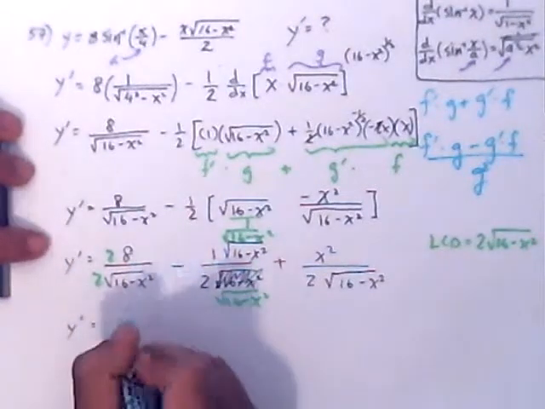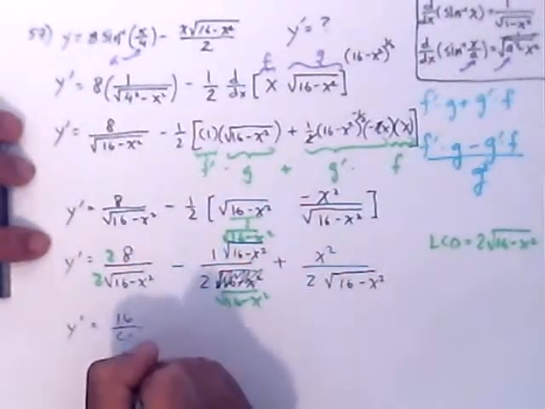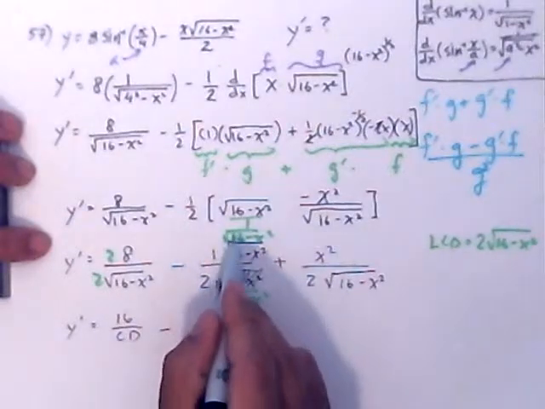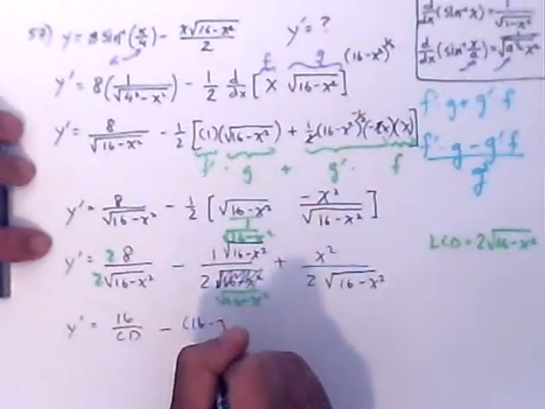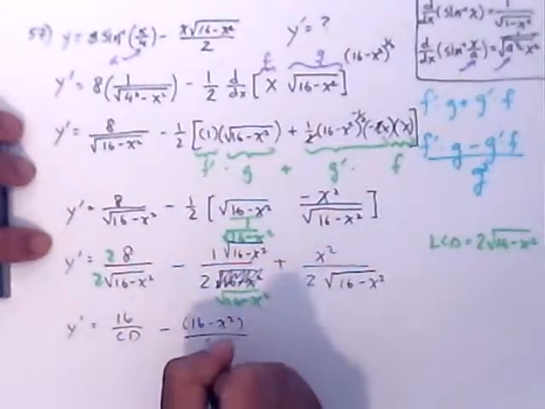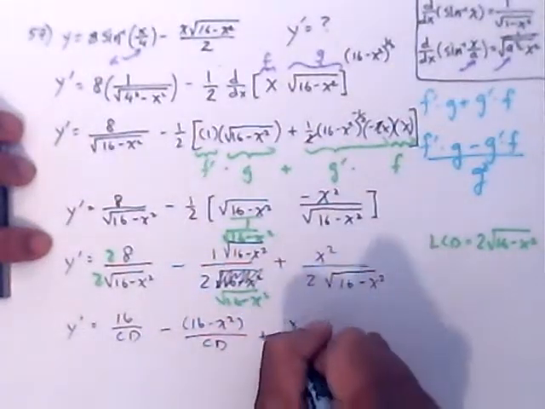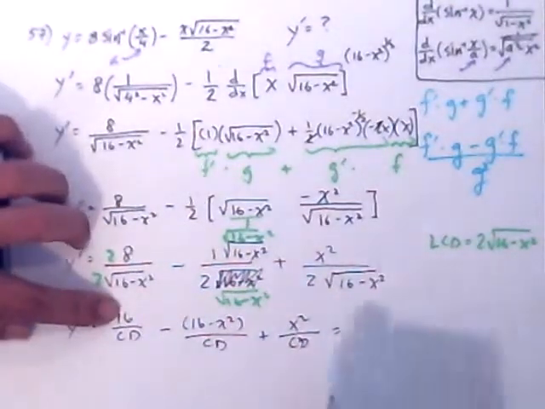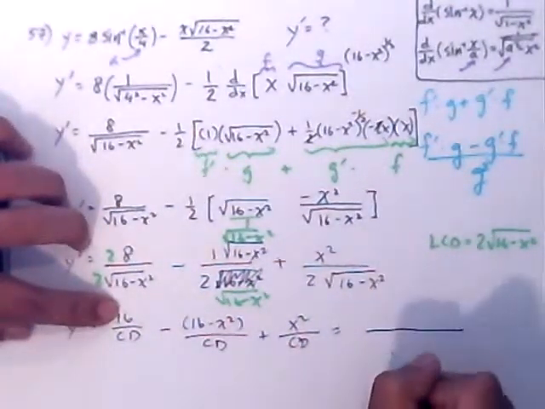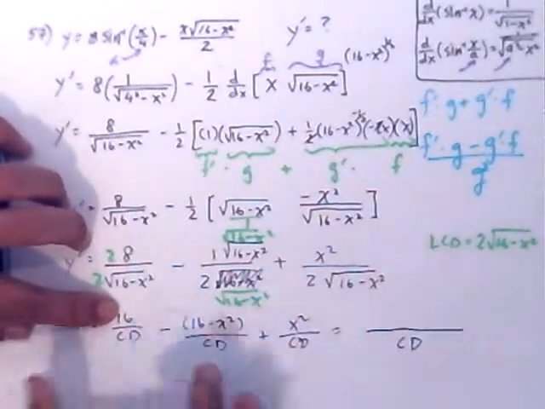Y prime is equal to 16 over the common denominator minus this times itself, which is going to be 16 minus x squared, all over the common denominator, plus x squared over the common denominator. I'm going to put in one common denominator, one simple fraction.